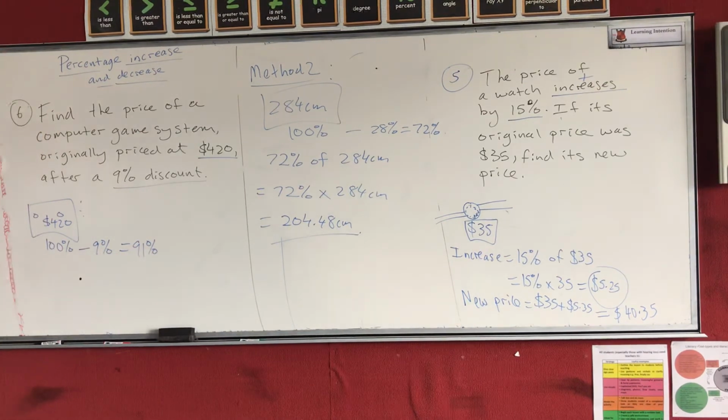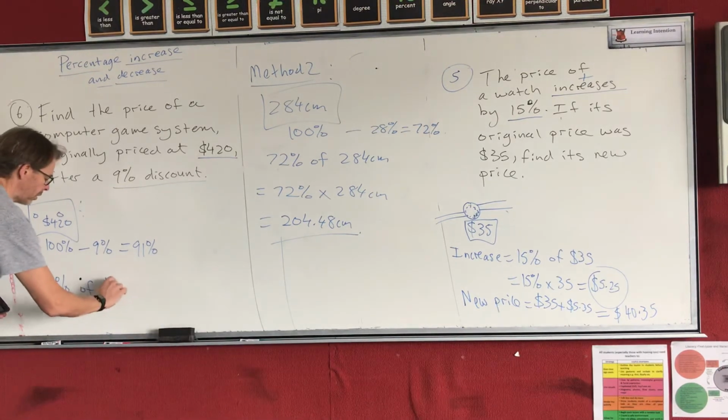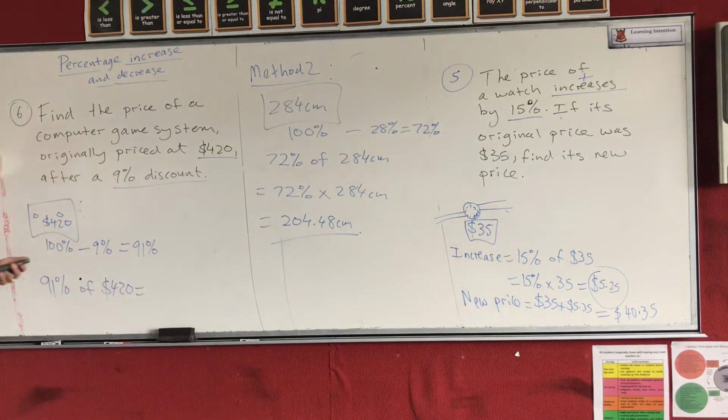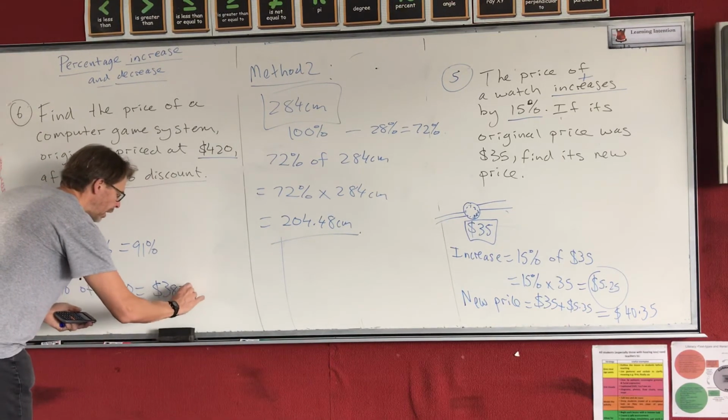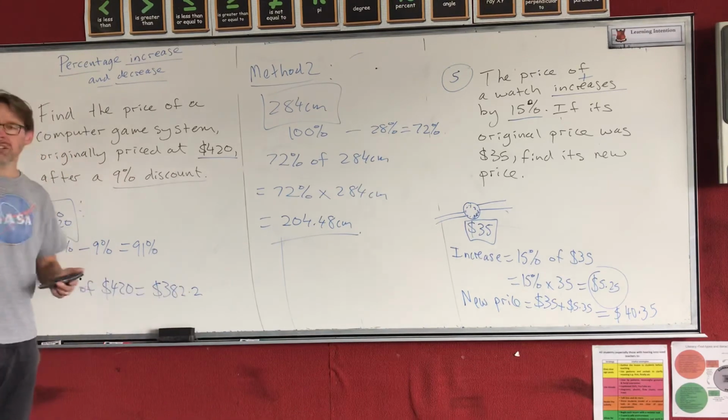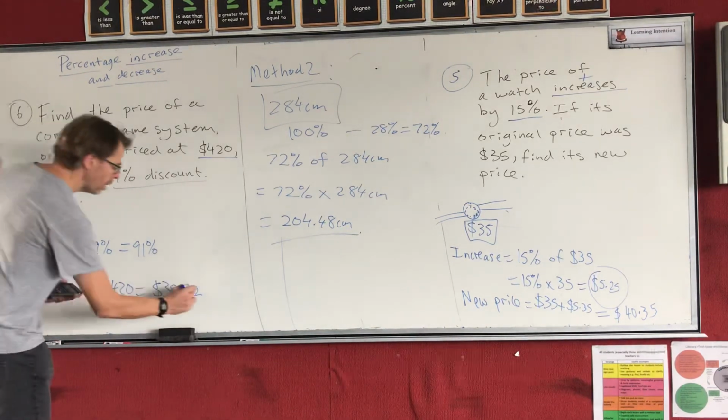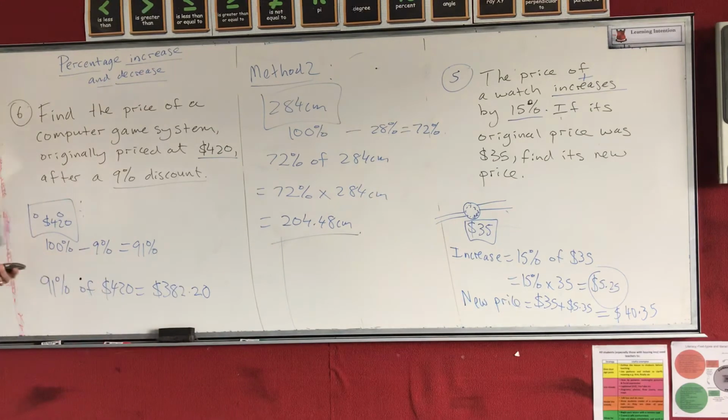That means your computer game system after the discount is worth only 91% of its original price. So if you find 91% of $420, let's work that out. So 91% times $420 equals $382.20. Now, the calculator will just give you 382.2, but because it's a money question, you should put 2 decimal places to make that 20 cents.